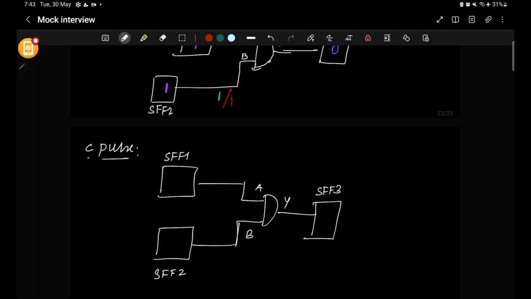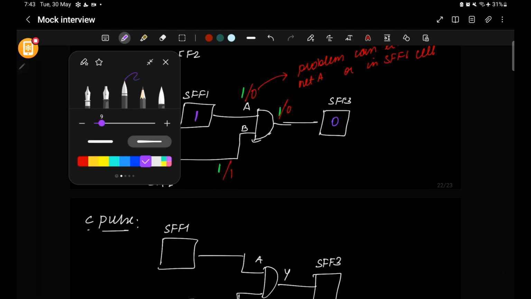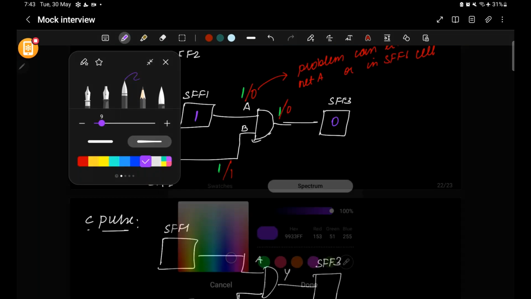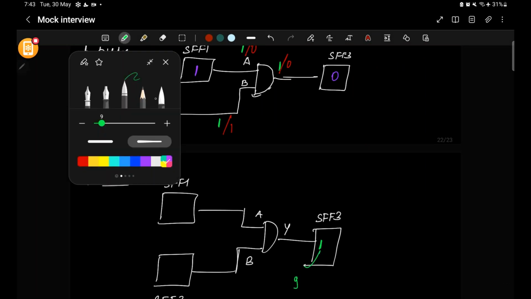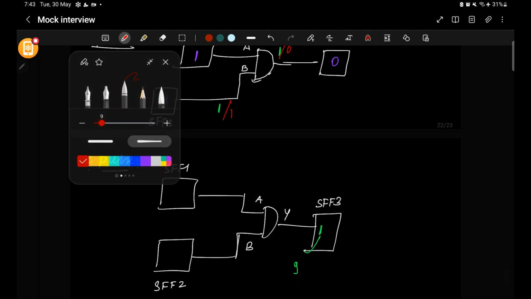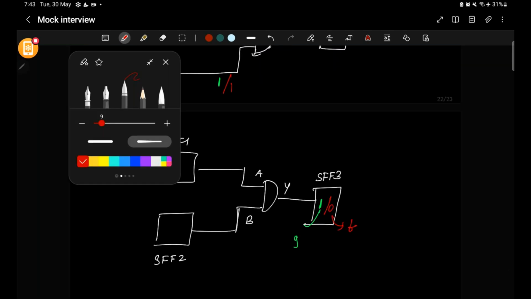Now whatever is there in the D input, that it will capture. If it is capturing 1, then there is no A slow to rise fault. This is a good value. If it is capturing 0, then that is a faulty value.